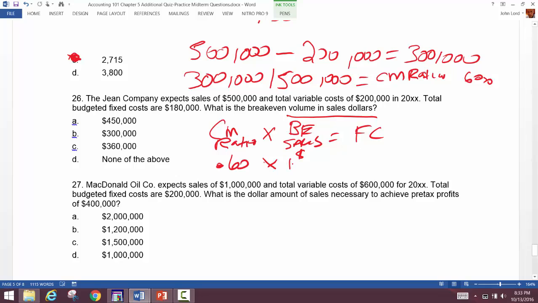I don't know my break-even sales yet, but I'm getting close. Equals fixed cost of 180,000. My break-even sales then must be equal to 180,000 divided by 0.6, right? And what's that come out to? 300,000?